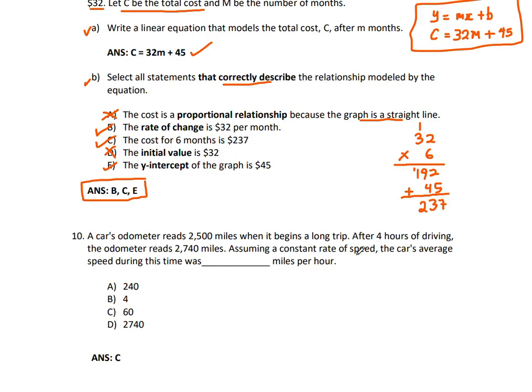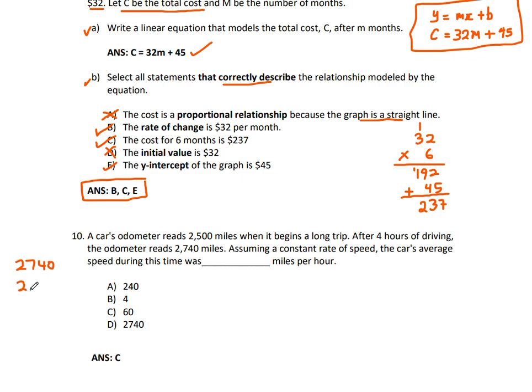Assuming a constant rate of speed, the car's average speed during this time was blank miles per hour. Well, first of all, since the car's odometer reading at the start of the trip was 2,500, and after 4 hours of driving it reaches 2,740, we have to find out how many miles the car actually drove.